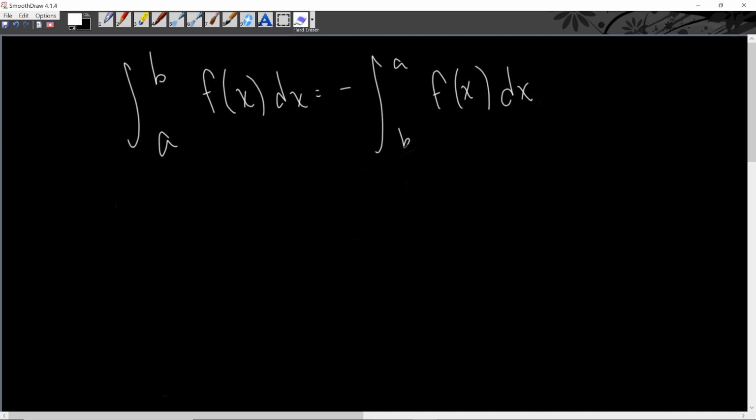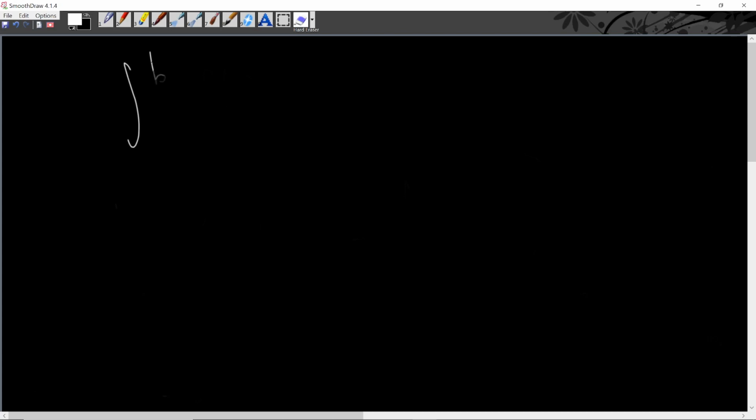And now let's talk about another one: the integral from a to a of f of x dx is equal to 0. This one's a nice and easy one. We're just going to go back to our formal definition of the integral.